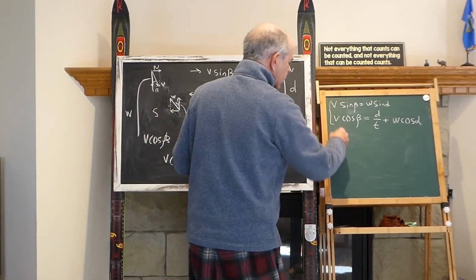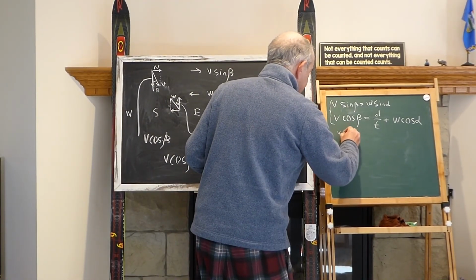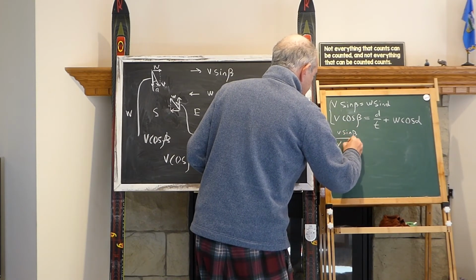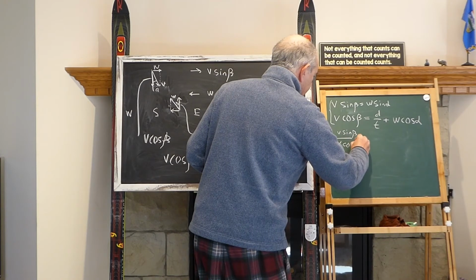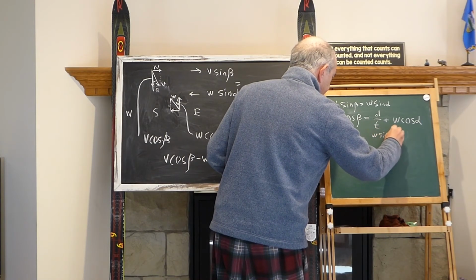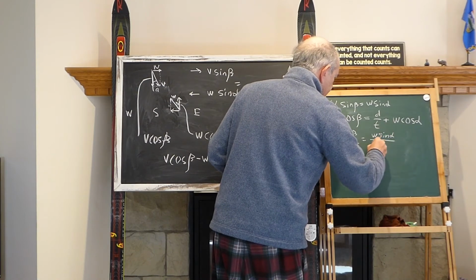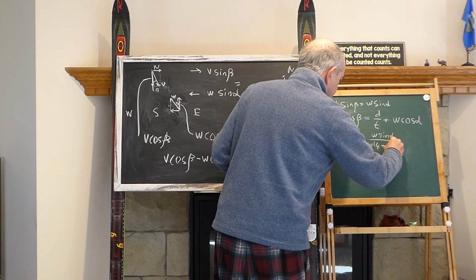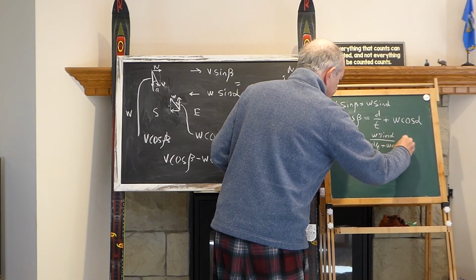So let's do the first thing. Let's divide. V would be gone, so v sine beta divided over v cosine beta, and we will have w sine alpha divided over d over t plus w cosine alpha.